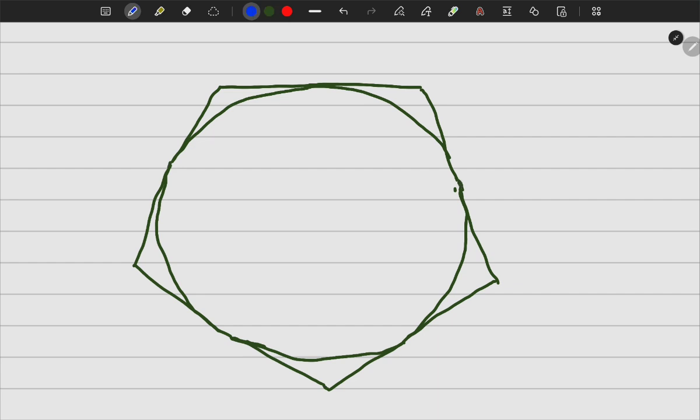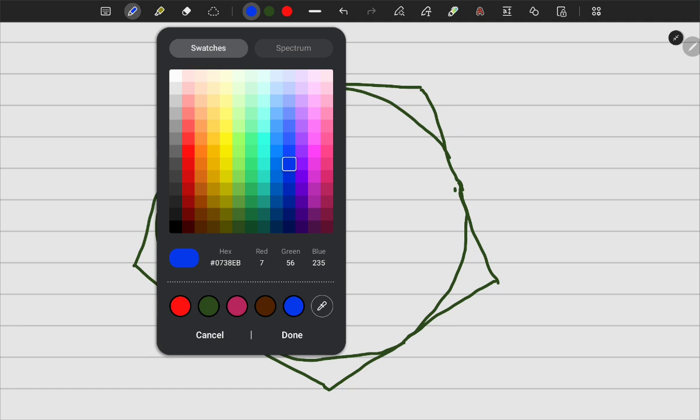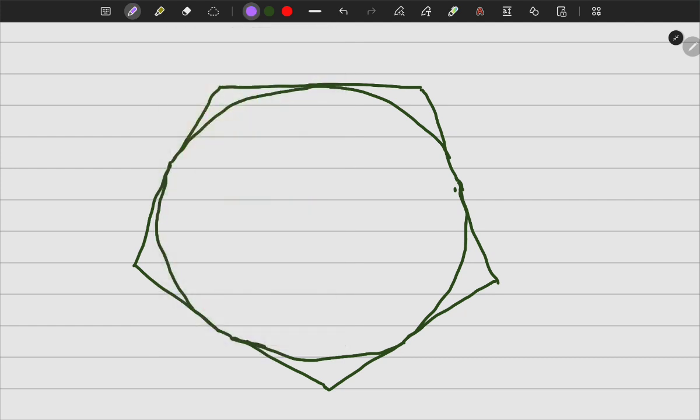Then we have corolla with vexillary aestivation. So we are very well aware with vexillary aestivation. First there will be a large petal called a standard.